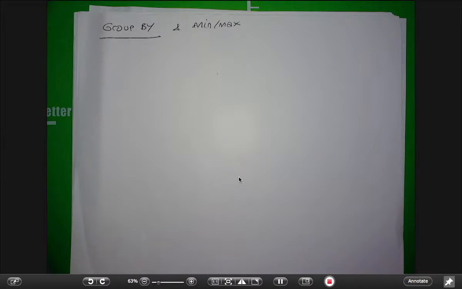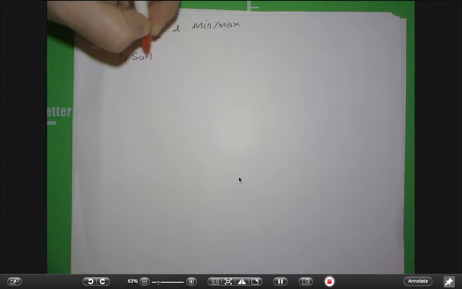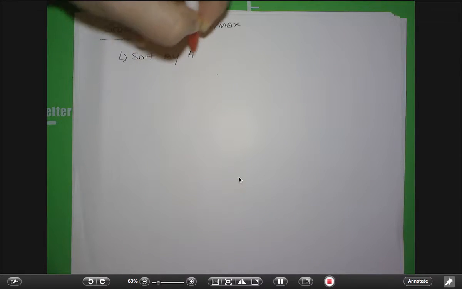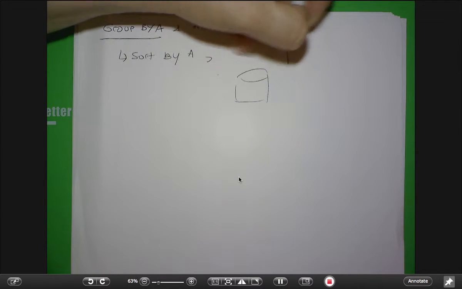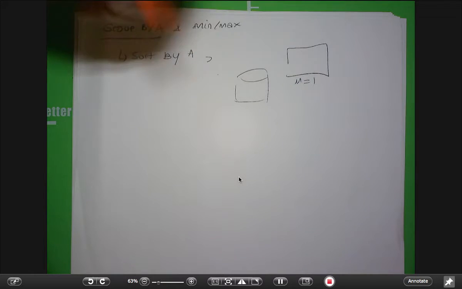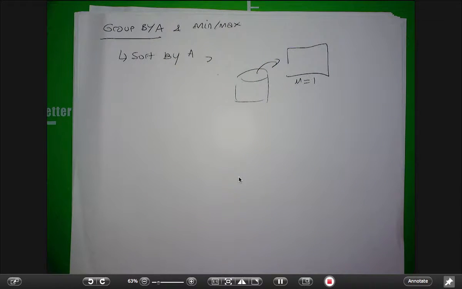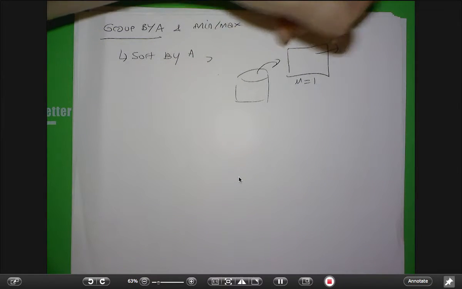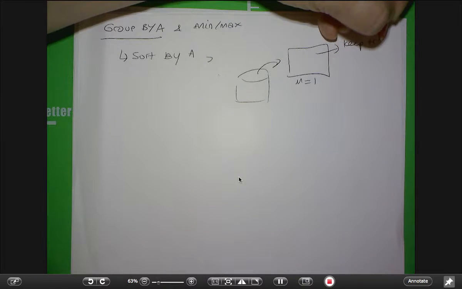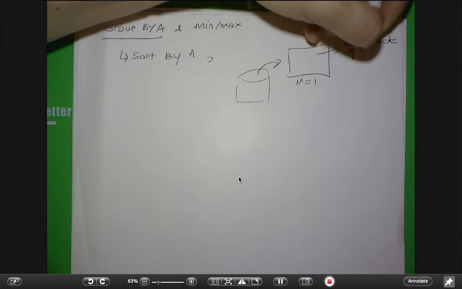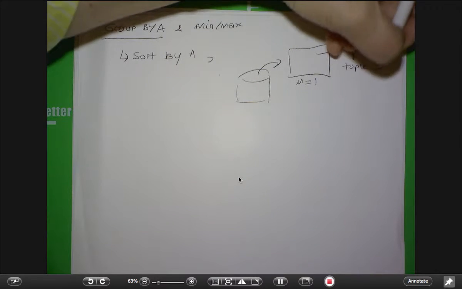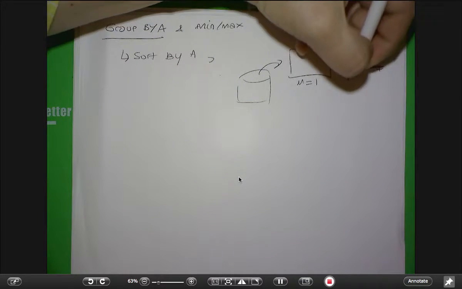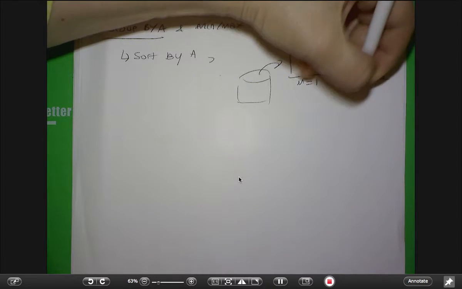You sort by, so if you have group by A, then you sort by A. And then all you need is one block where you read one block at a time and keep track of the last tuple, last A value, and aggregates.